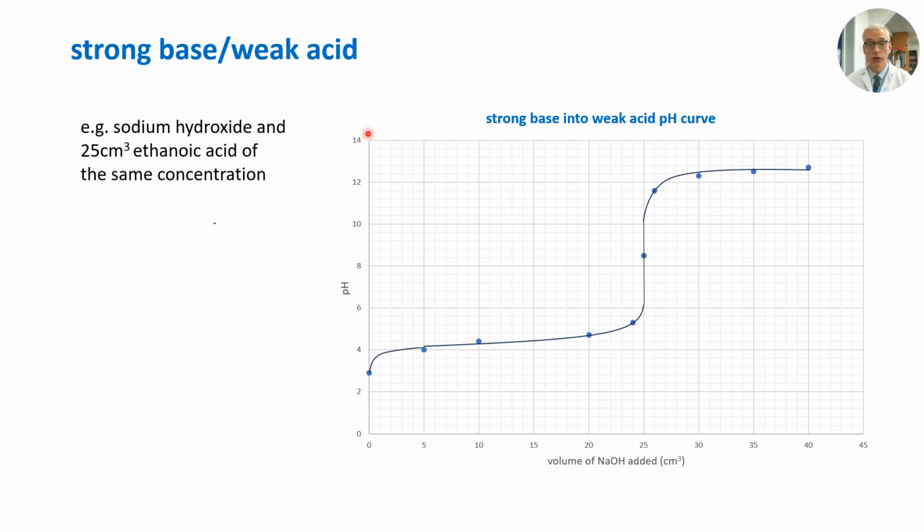So if we now move on to a strong base against a weak acid, we can see the characteristic curve set out on the screen. We have a vertical section of pH change. We have a high pH when we have an excess of strong base, so a pH value of around 13, towards 13.